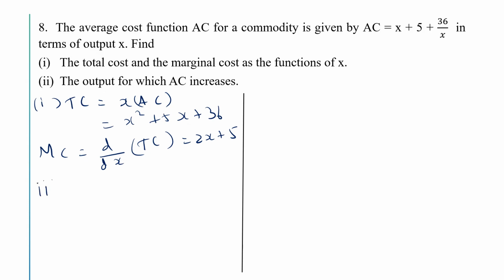Now for the second subdivision we have to find the output for which average cost increases. To find x, then average cost increases.